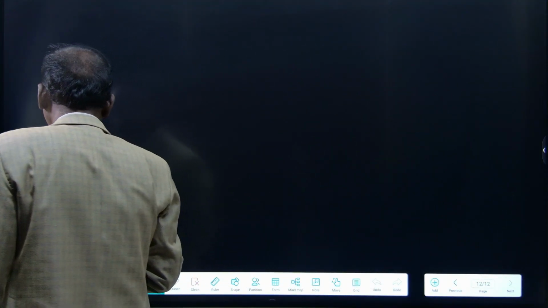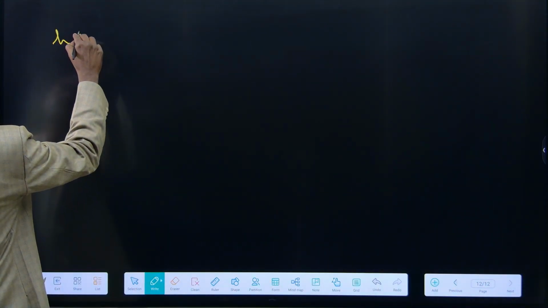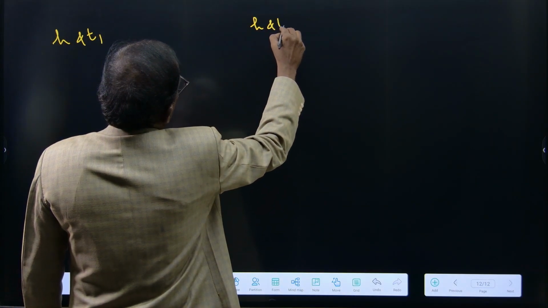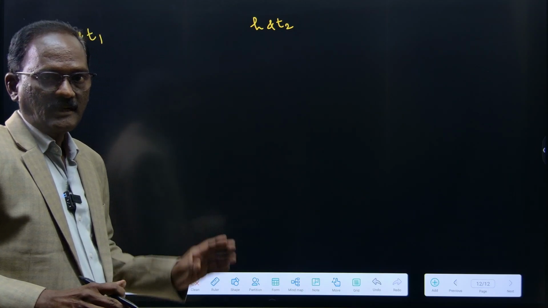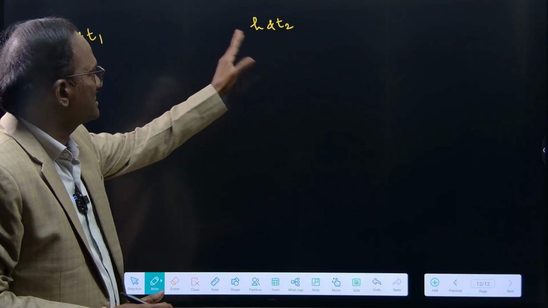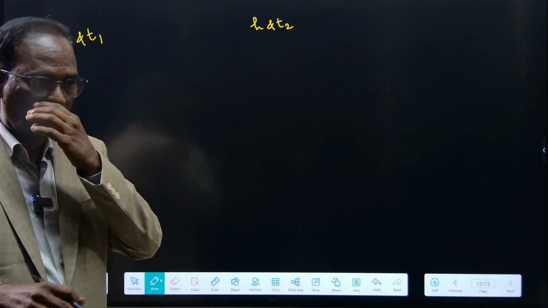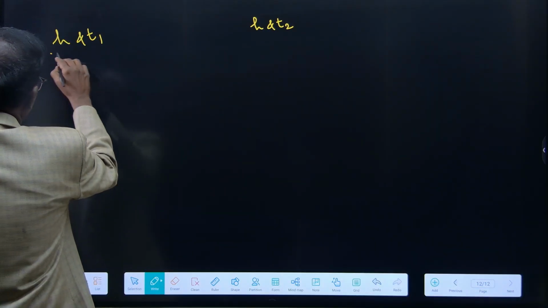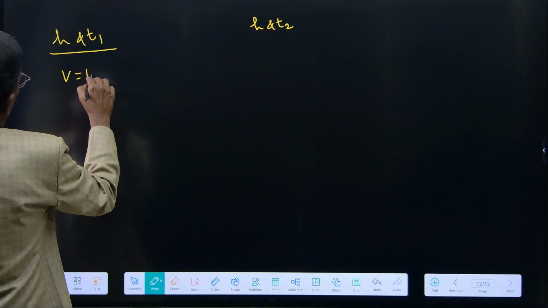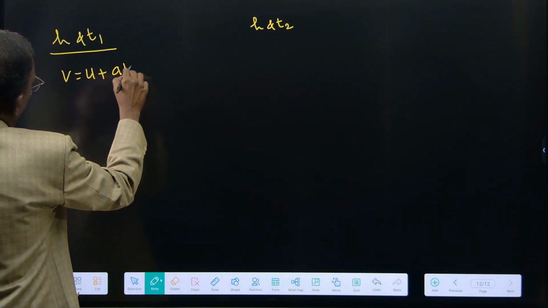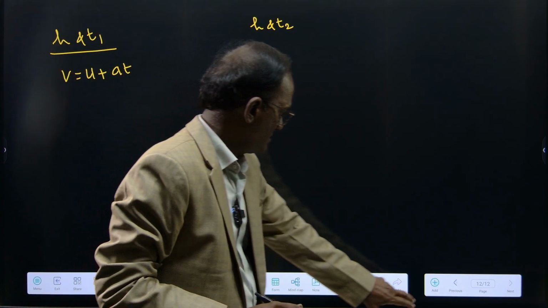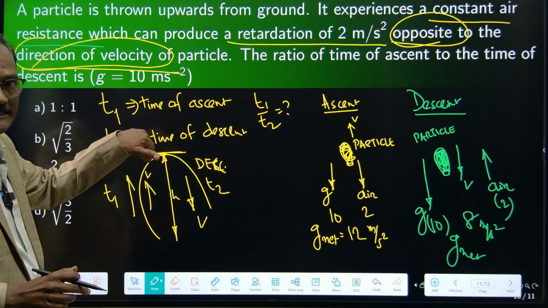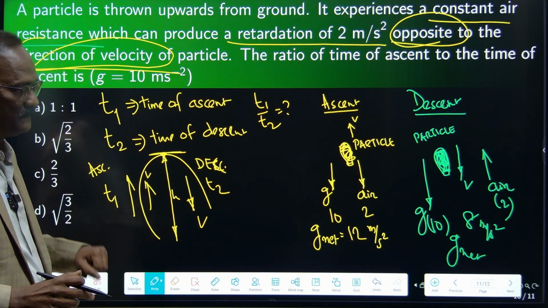So what I am going to do is, h and T1 are related. Similarly, h and T2 are related. Then h is equal to some T1, similarly h is equal to some T2, and the ratio of T1 and T2 can be easily calculated, right? So V is equal to U plus AT. During ascent, V is equal to 0.